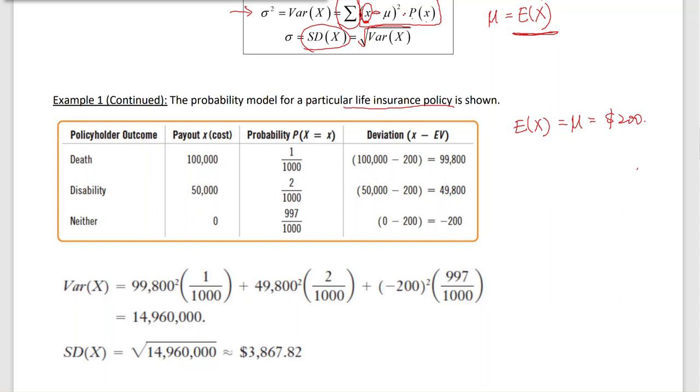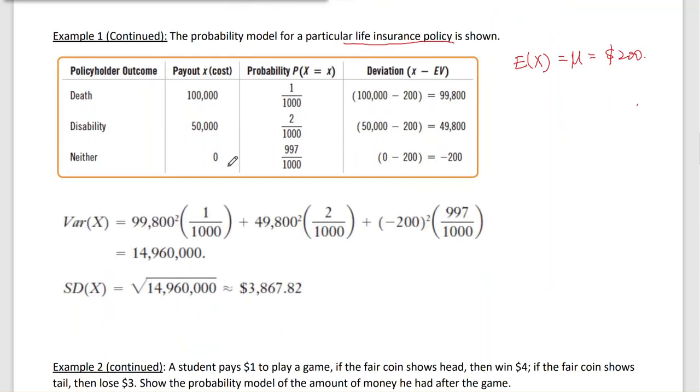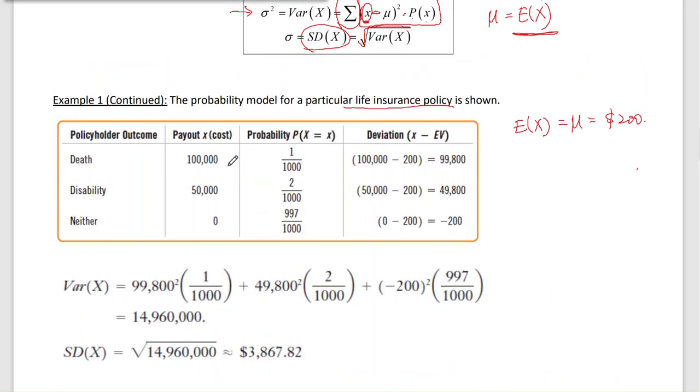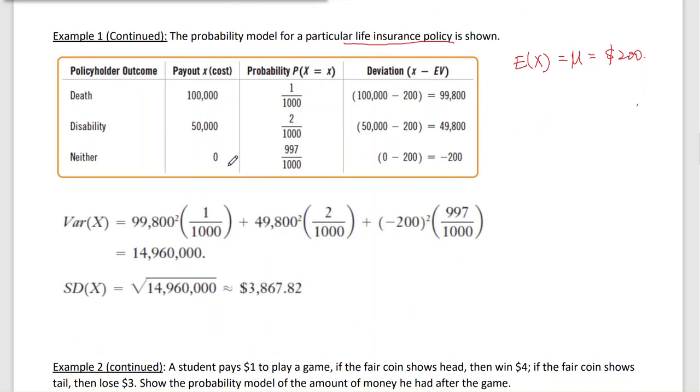To find the standard deviation, kind of a risk measure, the standard deviation tells us how these payouts spread out, right?